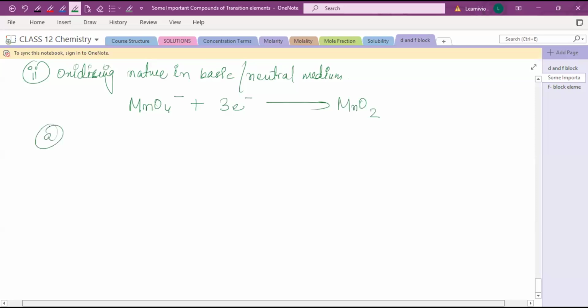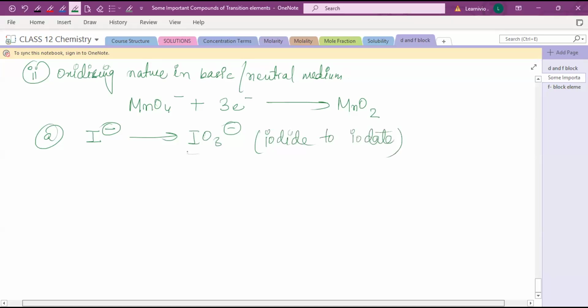In basic or neutral medium, potassium permanganate will oxidize I minus. If the medium is acidic, potassium permanganate will oxidize I minus to I2. But if the condition is basic, it will convert I minus to IO3 minus, that is, iodide ion to iodate.